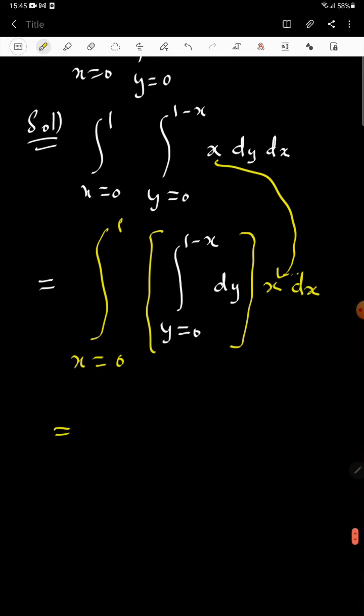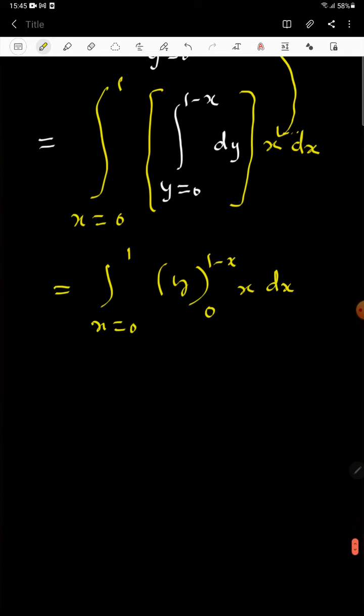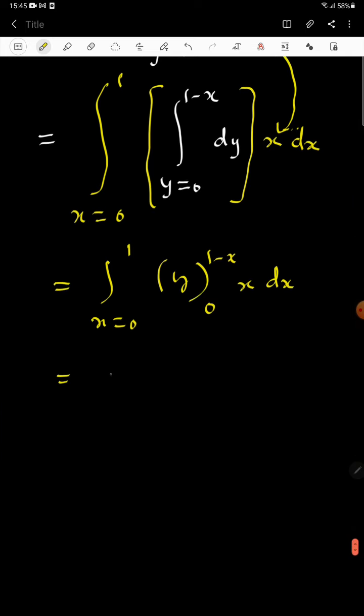Now this is equal to integral x is equal to 0 to 1. The integral of dy will be y, and the limits are from 0 to 1 minus x, with x outside as it is, dx. The upper limit is 1 minus x, the lower limit is 0.